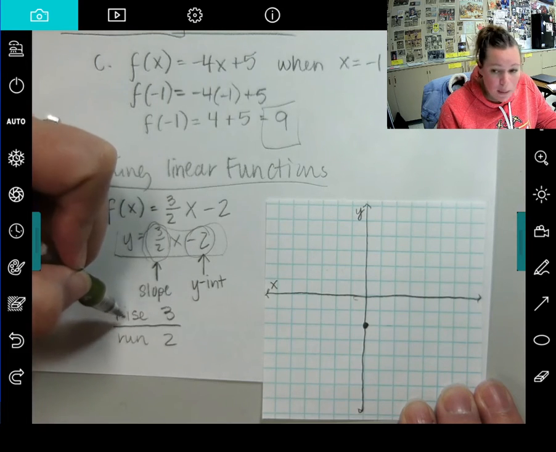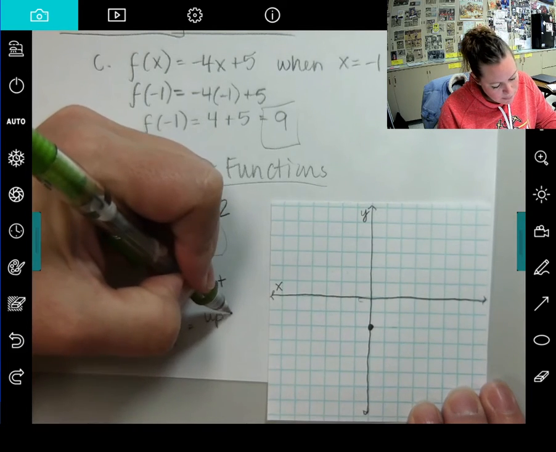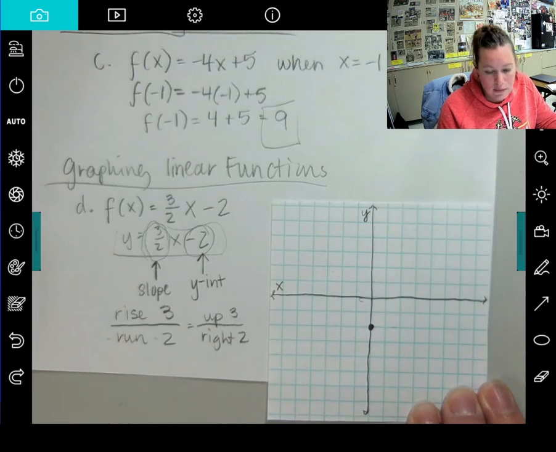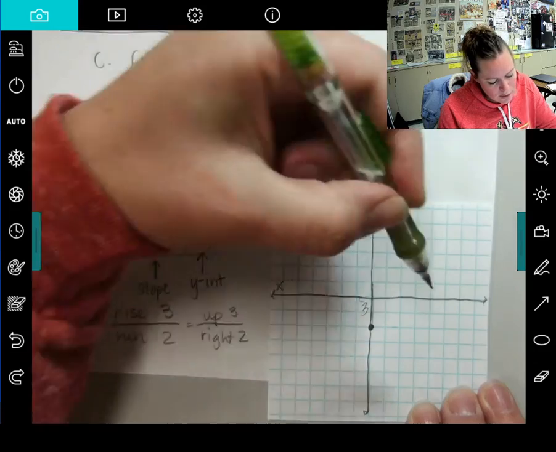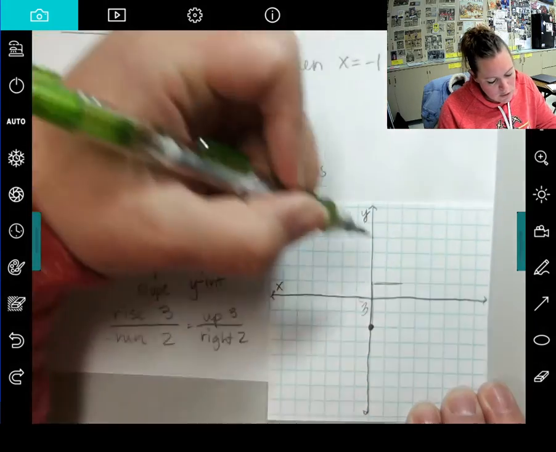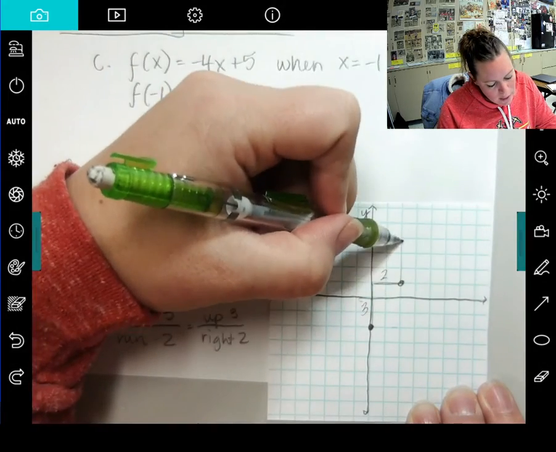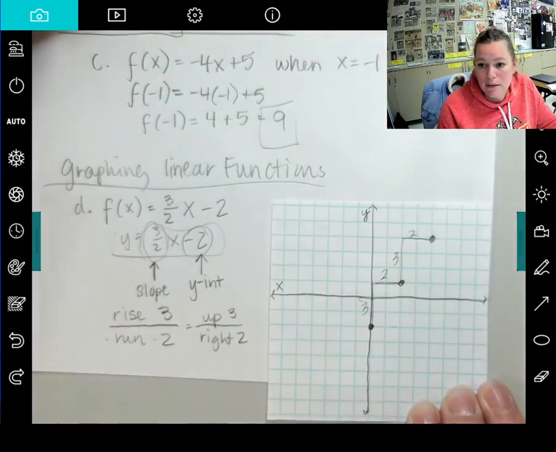Think of it as go up 3 units and over 2 units. So up 3, to the right 2. We always go to the right. So up 3, 1, 2, 3, to the right 2, and we put a dot. If we count again, up 3 to the right 2, we get another dot.